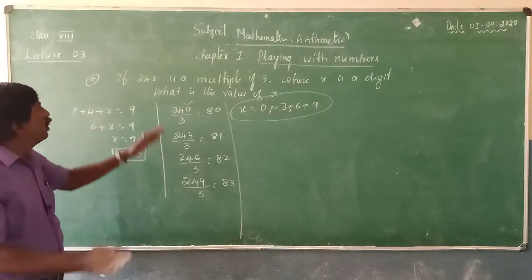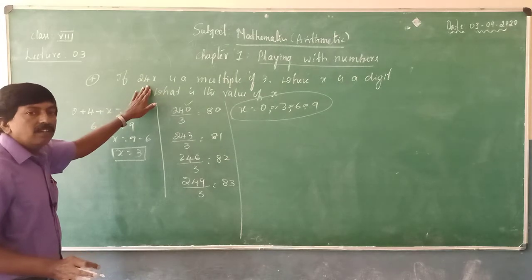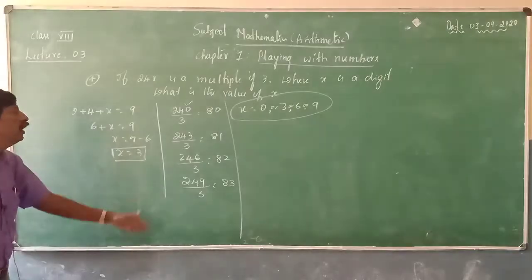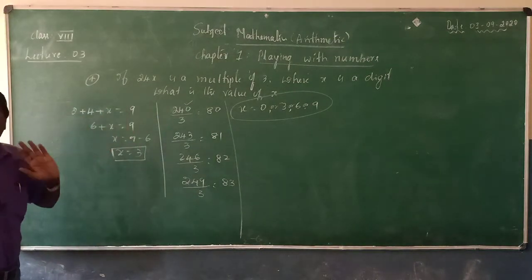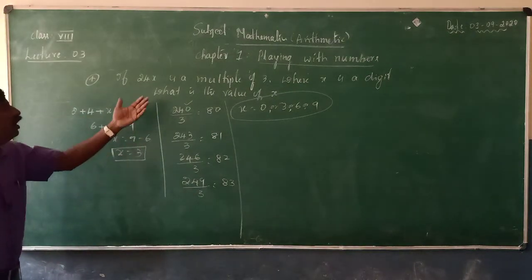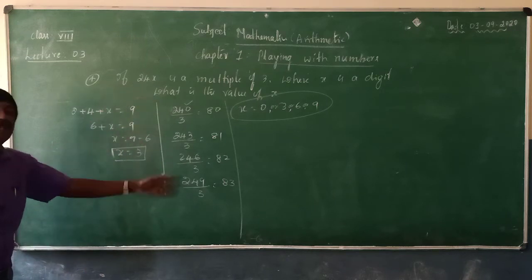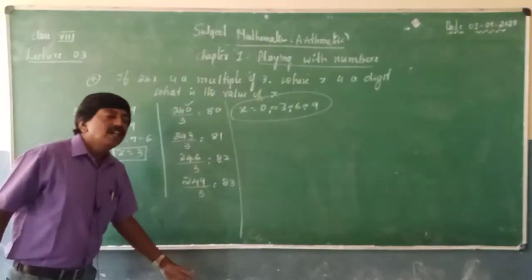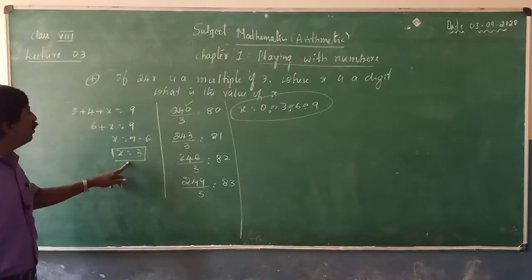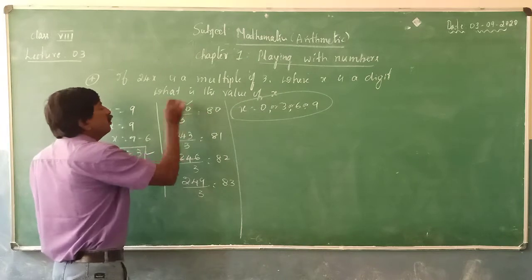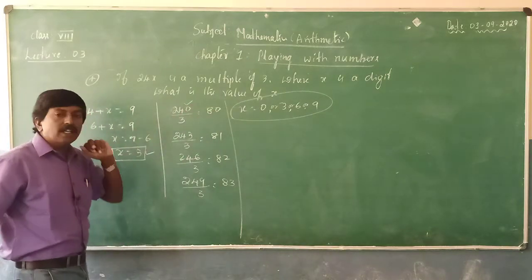All 4 values will satisfy. If you take all the 4 values, it is divisible by 3. Rather than 0, 3, 6, 9, any other single digit is not divisible by 3.